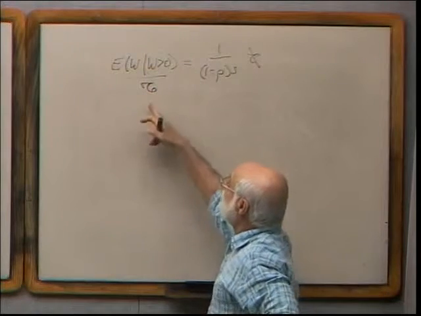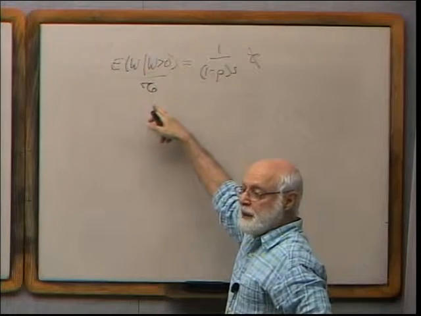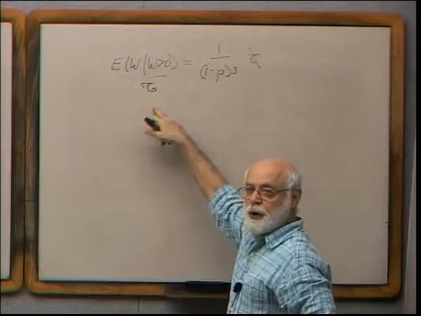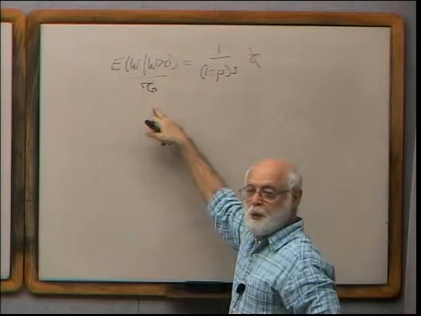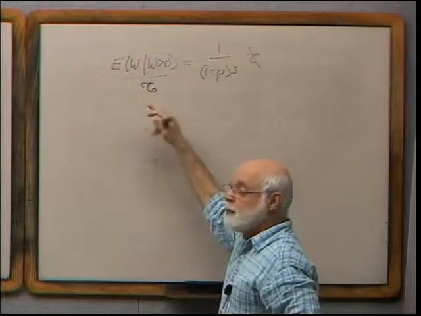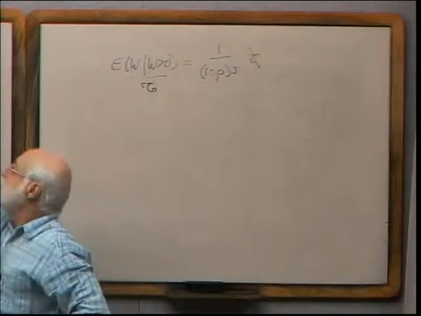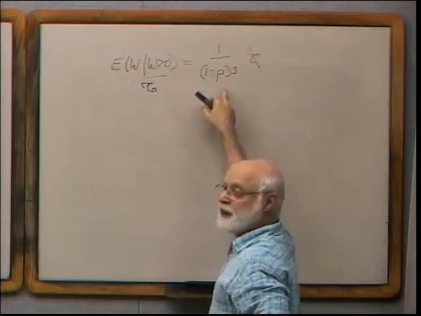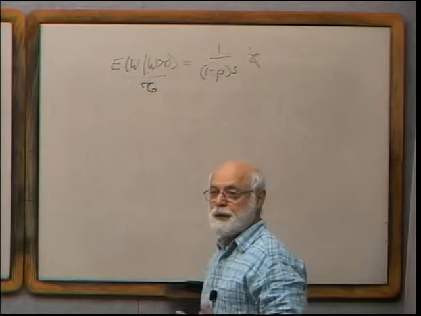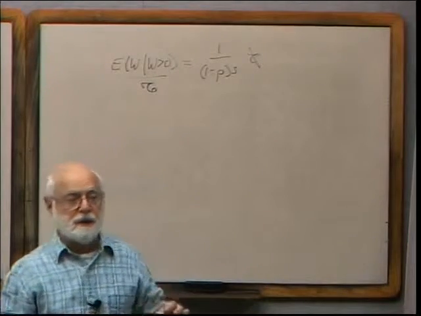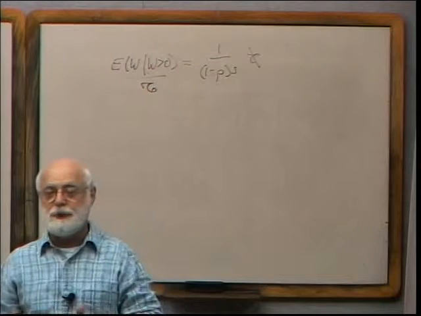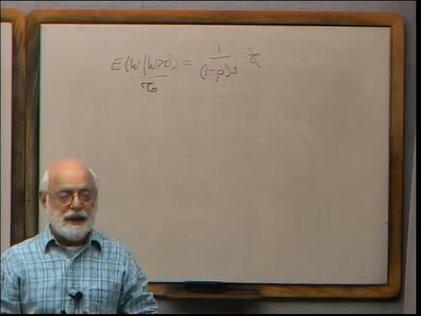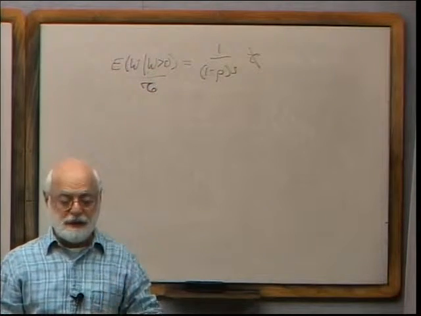It says it doesn't make any difference whether I have first come first serve, last come first serve, or service in random order, as long as the state probabilities are in fact given by those, then this formula gives the average waiting time. So the difference between waiting times in the case of FIFO service versus LIFO service, for example, is in the distribution, but not in its average value.